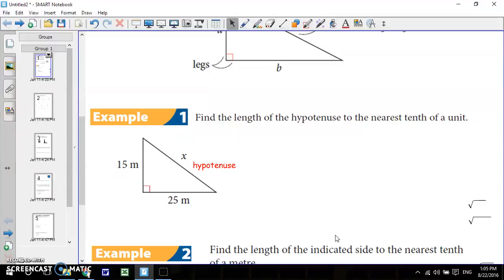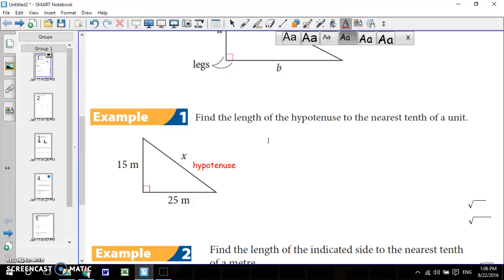Example 1. Find the length of the hypotenuse to the nearest tenth of a unit. So first thing, when you look at the diagram, you will have to find and locate the hypotenuse. In this case, look for the right angle, go across, and side x is the hypotenuse. Therefore, 15 and 25 meters are the legs of this triangle.